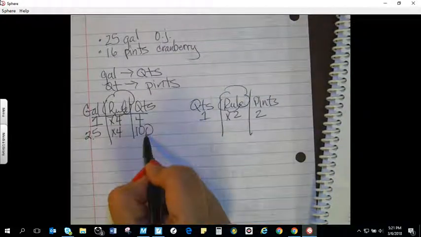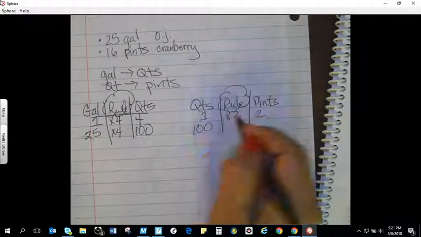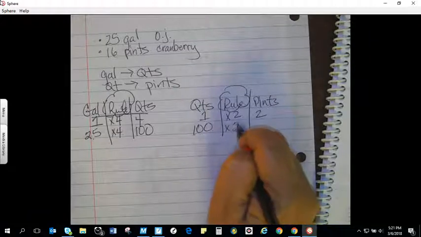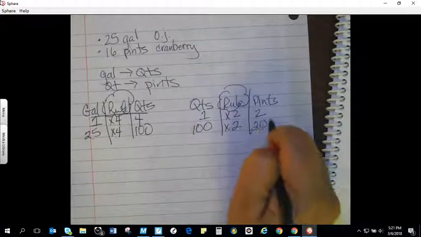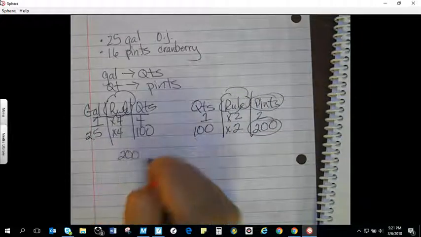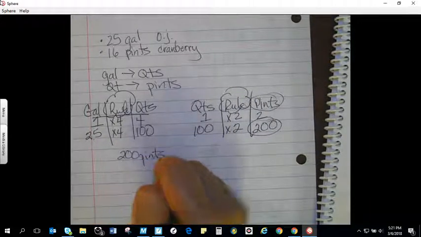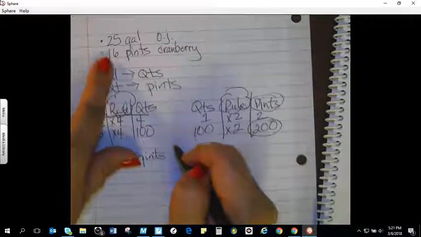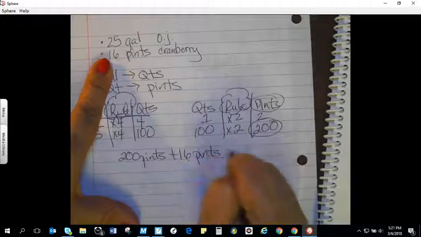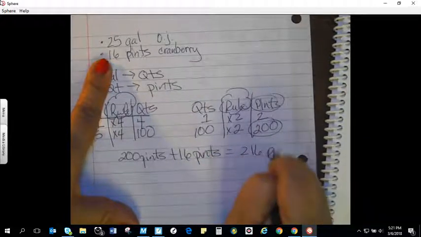And so I had 100 quarts times 2 equals 200 pints. So now I'm going to take my 200 pints and add that to the 16 pints I had up here. And that gives me 216 pints total.